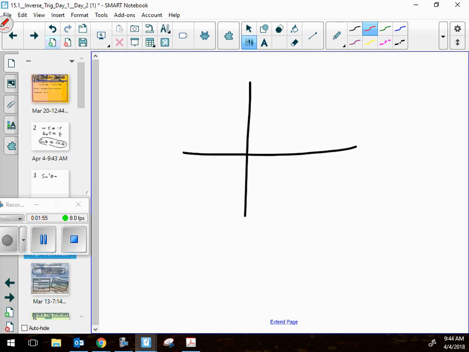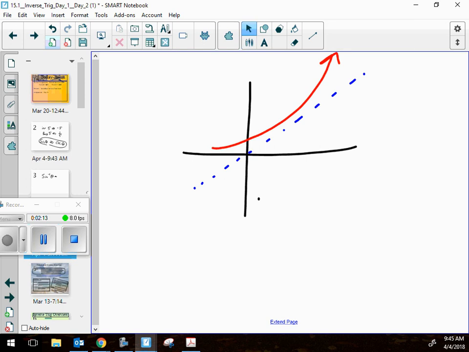So here's a function, and what's its inverse? Well, let's make this the exponential function. We'll go like this. That's the exponential function. And do you remember that across this line, there was another little function that we called, do you remember what it was called before I say it?